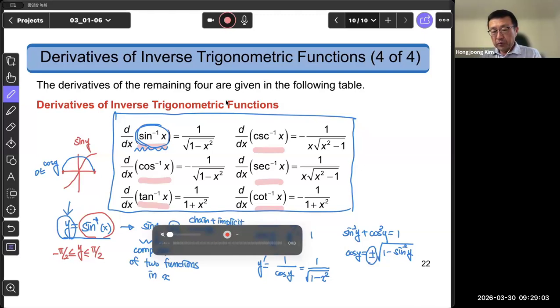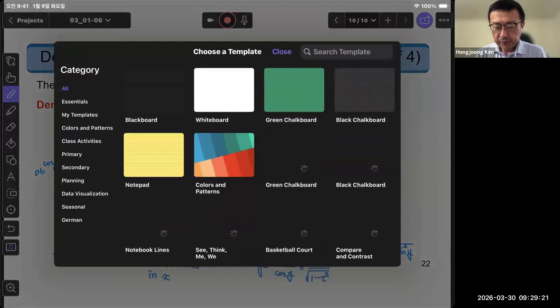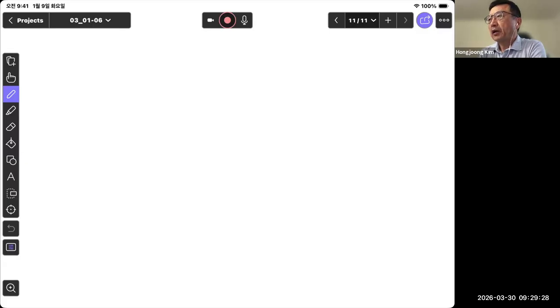Okay, anyway, so those are what we considered so far. Let me open the textbook and consider some examples. So far we considered many formulas.